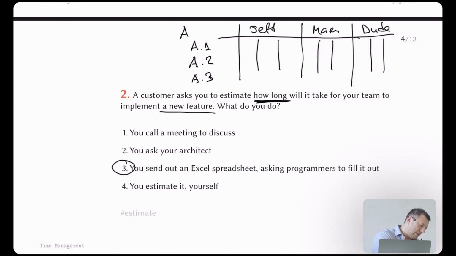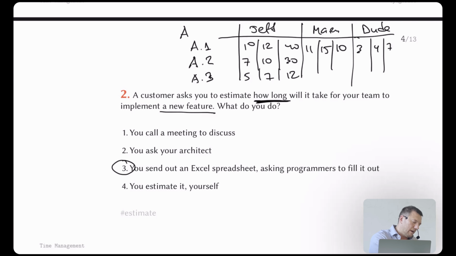Then Jeff says 10, 12, 40. And then here 7, 10, 30. And then here 5, 7, 12. And then I say, here are the other numbers, for example 11, 15, 100. And then here we have 2, let's say 3, 4, and then 7, and some other numbers.